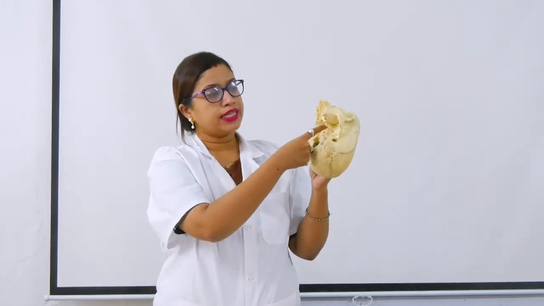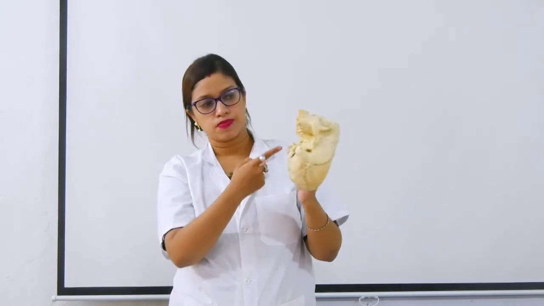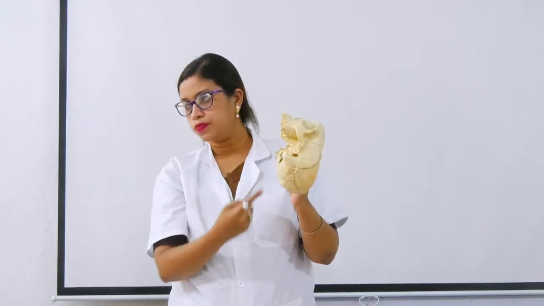So you can find these two plates. What are these two plates? This is the palatine process of the maxilla. And what about these two? The perpendicular plate of the ethmoid.